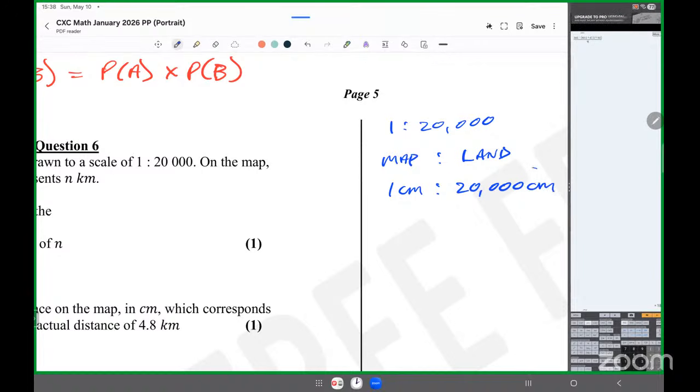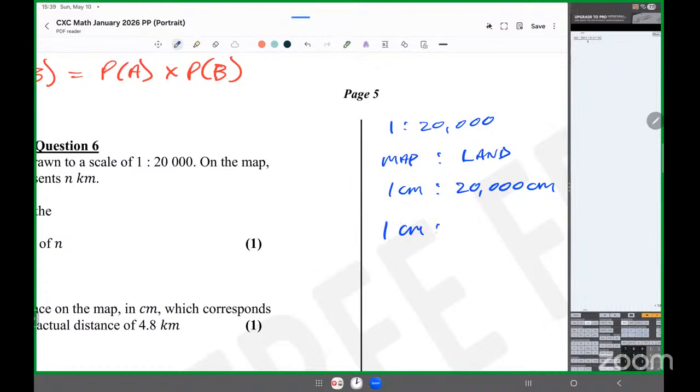You want to know what the 20,000 centimeters is in kilometers, so you convert the 20,000 centimeters to kilometers. Then you can know what 1 centimeter on the map represents in kilometers. Now I like to convert to meters first, and you must know that 100 centimeters make a meter. So divide by 100 first.